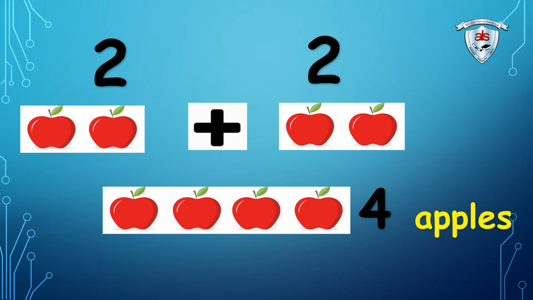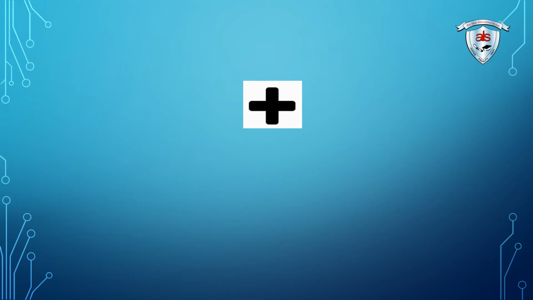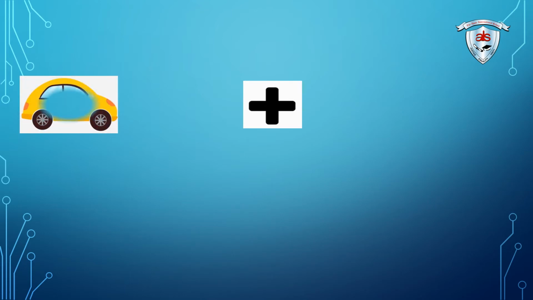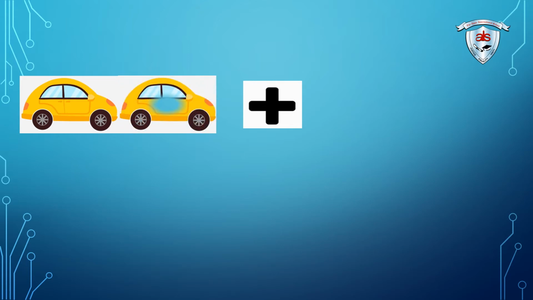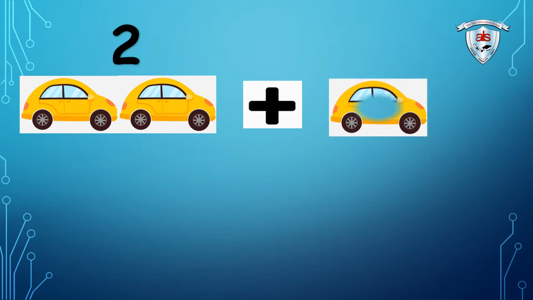Okay, now let's go to the next slide and do a few more activities. Now here we have a car. So how many cars do we have in one group? Let us find out. 1, 2. Okay, there are 2 cars in one group, and in the other group, let's count. 1.